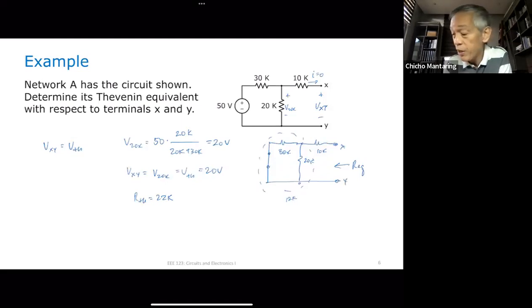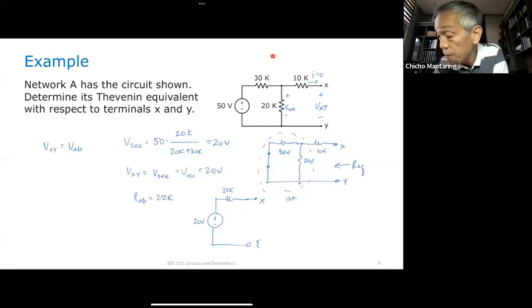So what is my Thevenin equivalent? My Thevenin equivalent now is a 20-volt source in series with a 22K resistance, and this is now X and Y. So what am I saying? I'm saying that this and this are equivalent.